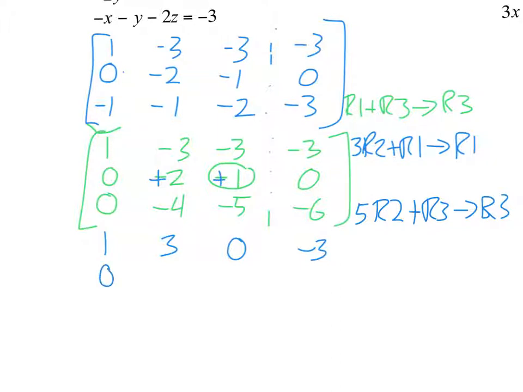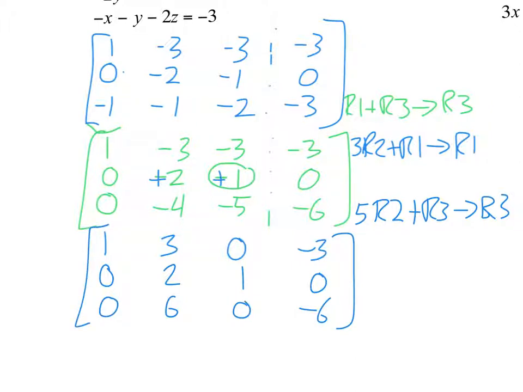I'm going to leave row 2 alone: 2, 1, 0. And for row 3, we're doing 5 row 2, so that's going to be 10 minus 4 is 6. And 5 minus 5 is 0. 0 minus 6 is -6.